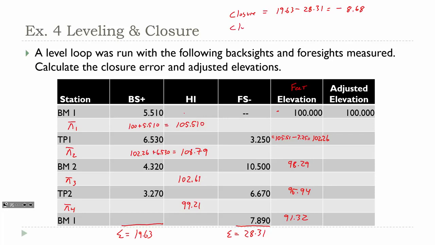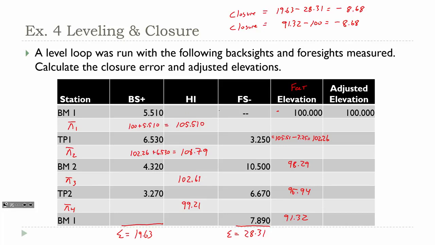So we can also calculate closure by taking the final, which is 91.32, minus our initial, which is 100. And it looks like that gives you negative 8.68. So that means the HI and the elevation calculations are correct. Now we have to calculate the adjusted elevations.